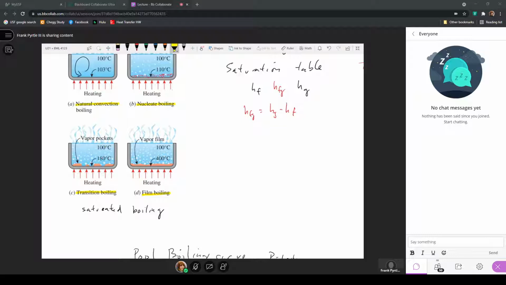Here for film boiling, none of this liquid water is touching that surface. So all the heat has to first go into the vapor film, and then we would have the nucleation of bubbles on the top surface of that vapor film where the water is actually in contact with it.